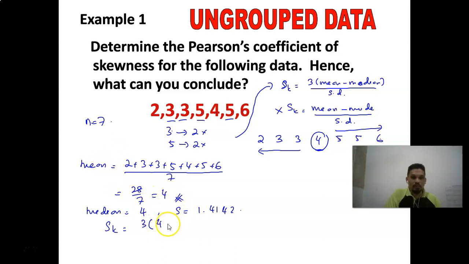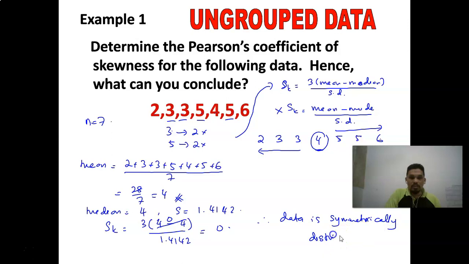Mean equal to 4, minus median also equal to 4, divided by 1.4142. So 4 minus 4 is 0, times 3, divided by 1.4142, equal to 0. So it means that the data is symmetrically distributed.